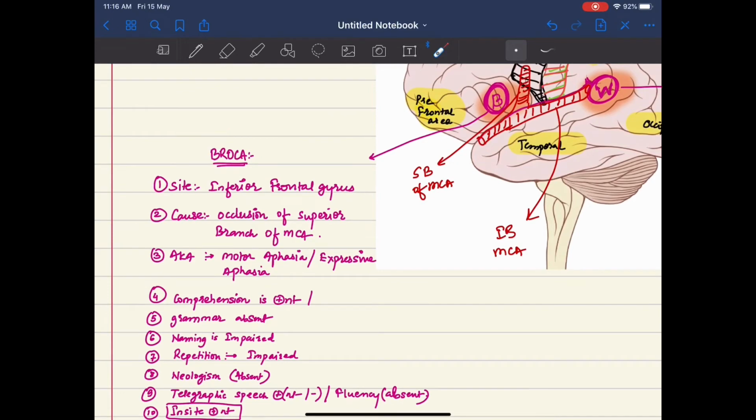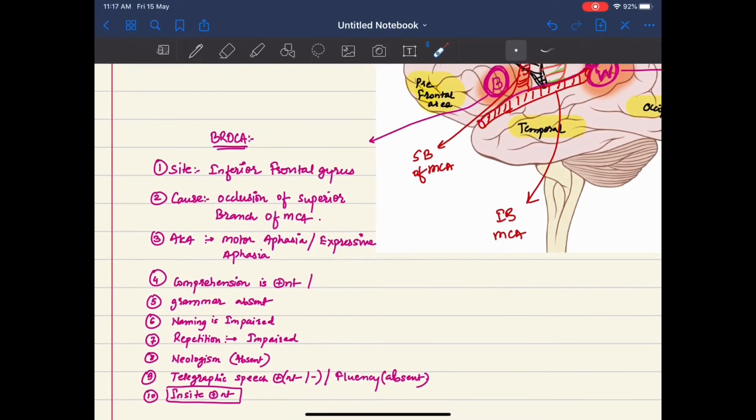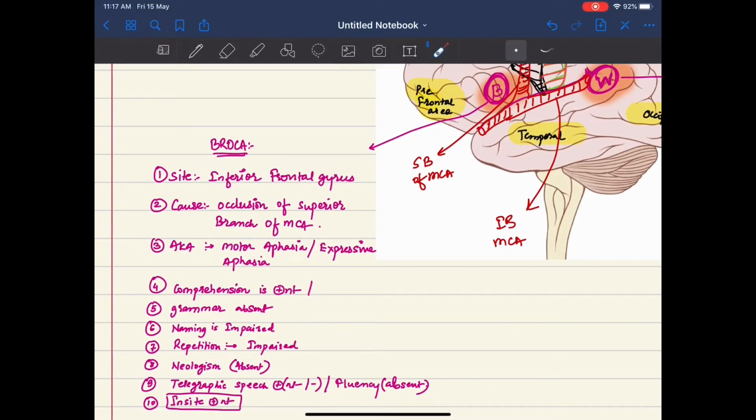MCA. As we all know, it is also known as motor aphasia or expressive aphasia, because motor function is basically helping in assessing your expression. Over here these are some technical terms. This must be known. One is comprehension. Comprehension is usually present.